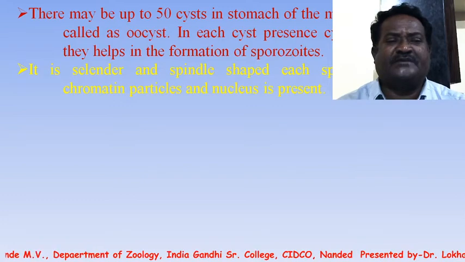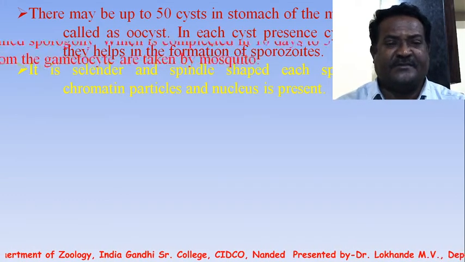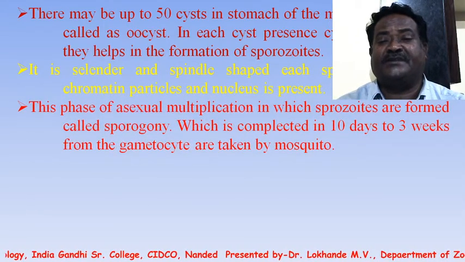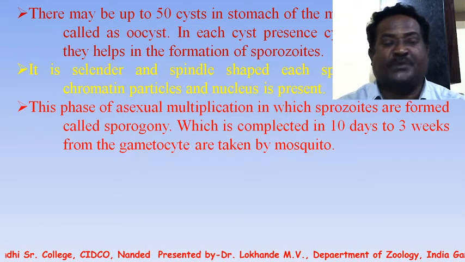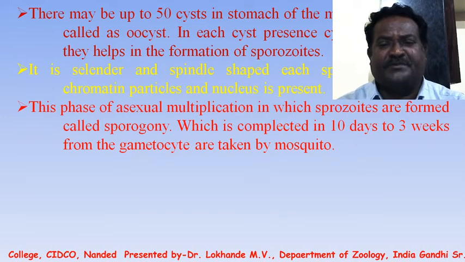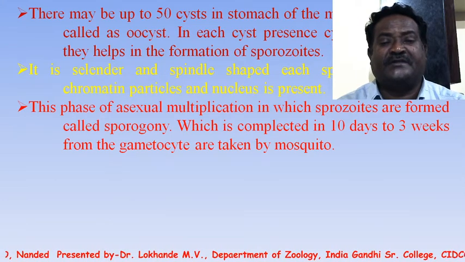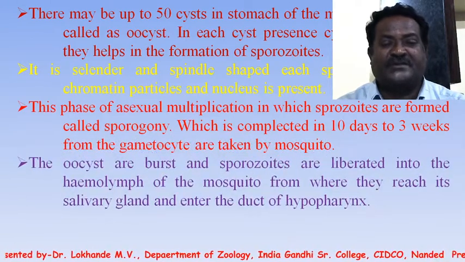Each sporozoite contains chromatin particles and a nucleus. The phase of asexual multiplication in which the sporozoites are formed, called sporogony, is completed in 10 days to 3 weeks from when the gametocytes are taken by the mosquito, and the oocysts burst.